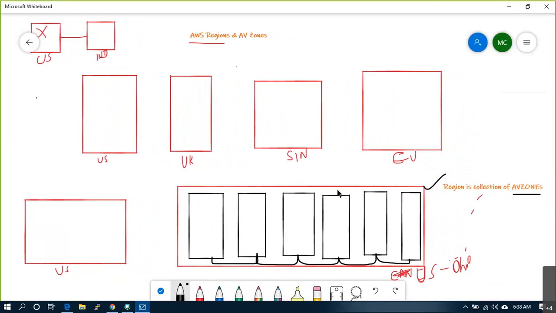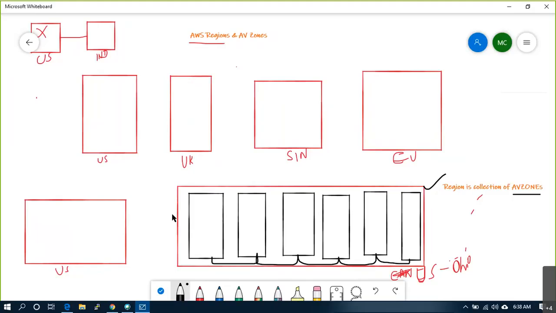Why do you need an availability zone? Any reason? To have high availability, redundancy. If one goes down, it will check for the nearest data center. Disaster recovery planning, or standby.